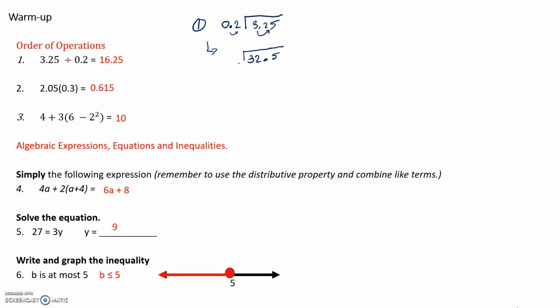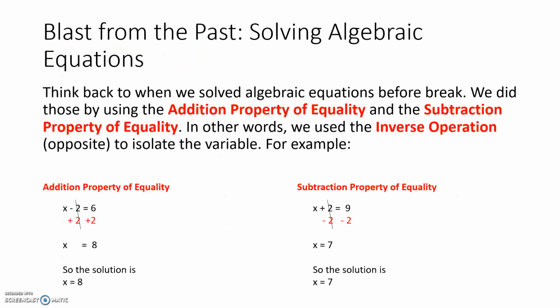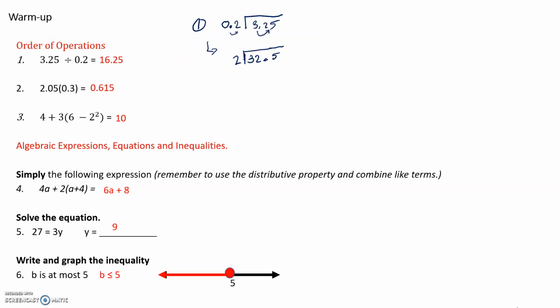Now I'll just do division like I normally would. 2 goes into 3 one time. 1 times 2 is 2. 3 minus 2 is 1.